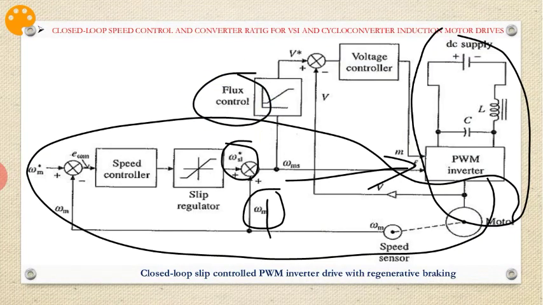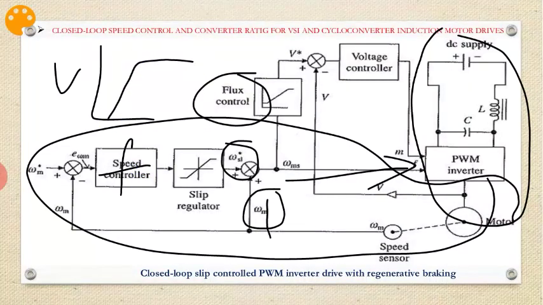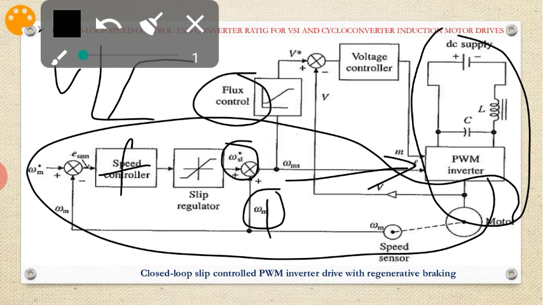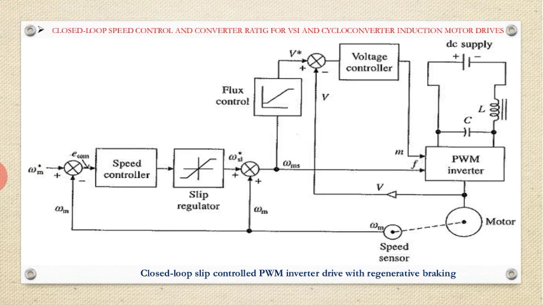The V by F relation is maintained. It ensures constant flux operation up to base speed and operation at constant terminal voltage above base speed. Now I will explain the working.